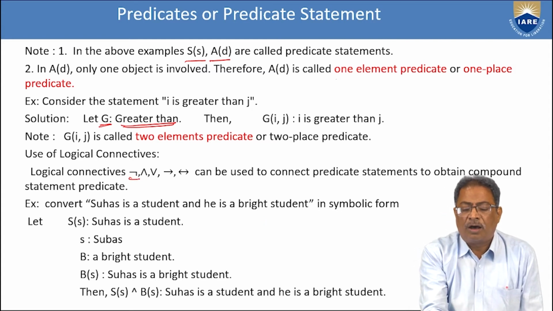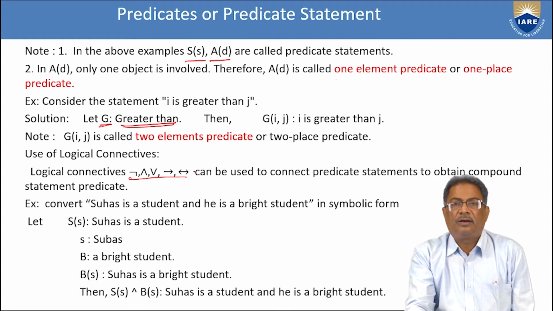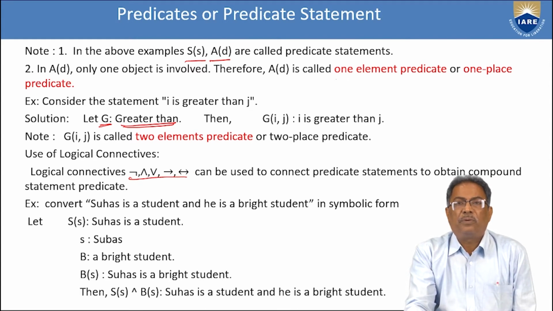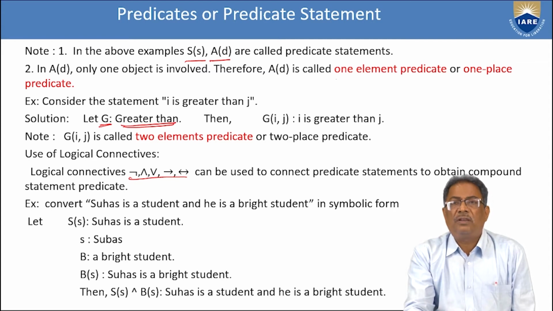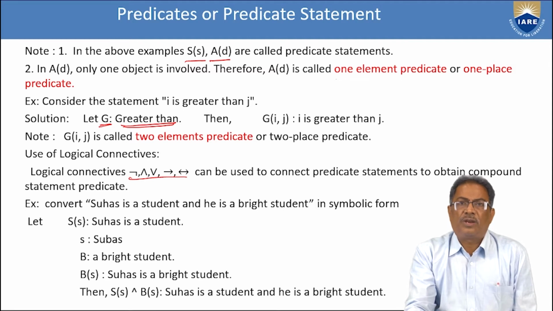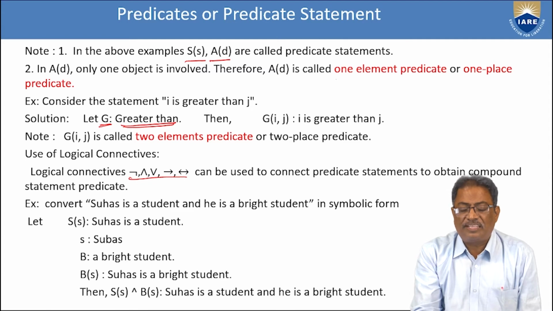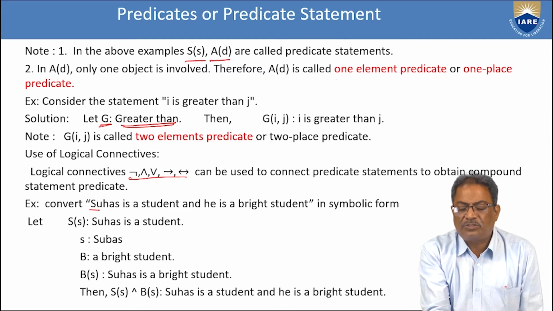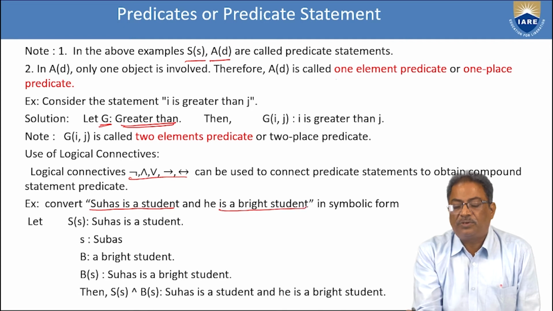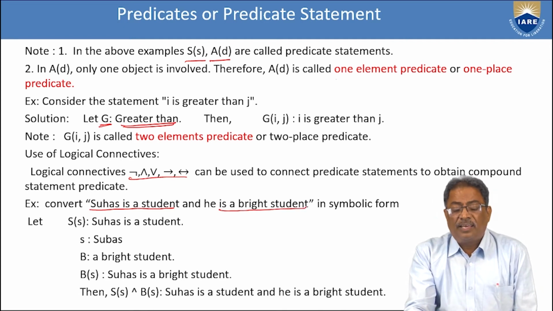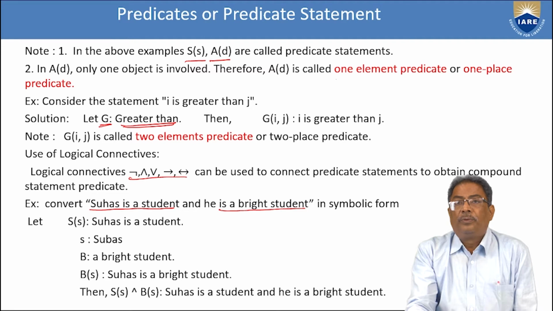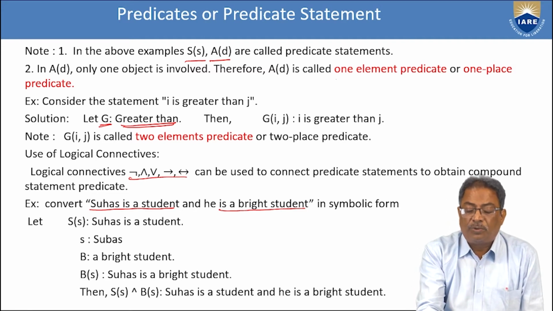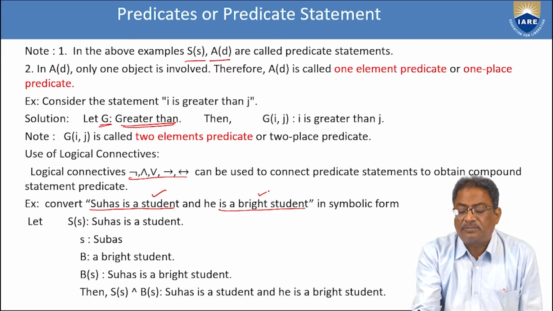See, earlier we combined propositions to get a compound proposition. In a similar way, we are going to combine more than one predicate. Let us say: Suhas is a student and he is a bright student. Here we have two predicates: one is a student and another is a bright student.